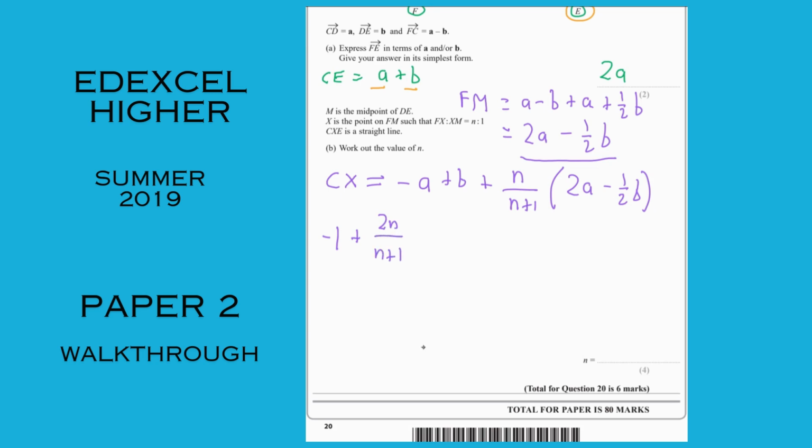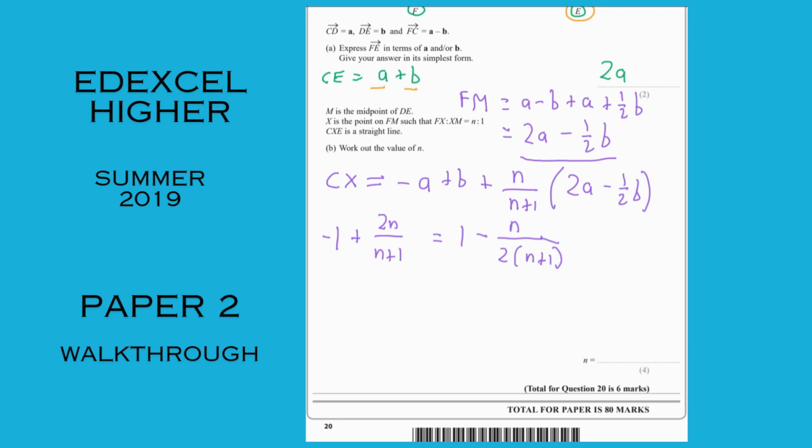And that's what would be in front of the A's if we expanded the brackets. What would be in front of the B's? Well, again, here we've got a 1. And here we've got minus, and we'd have a half times this. So it'd be 1 times n on the top and 2 times n plus 1 on the bottom.